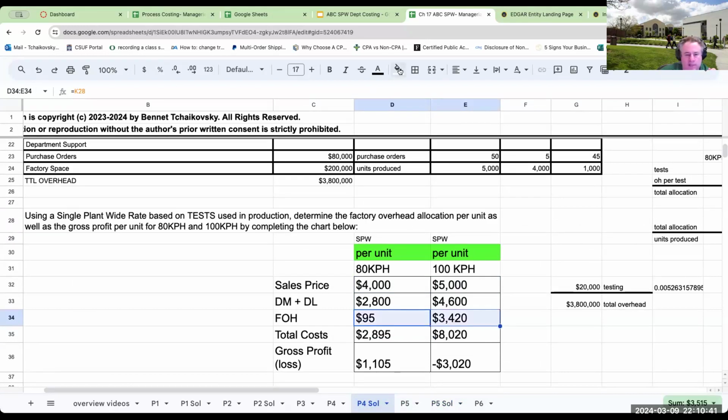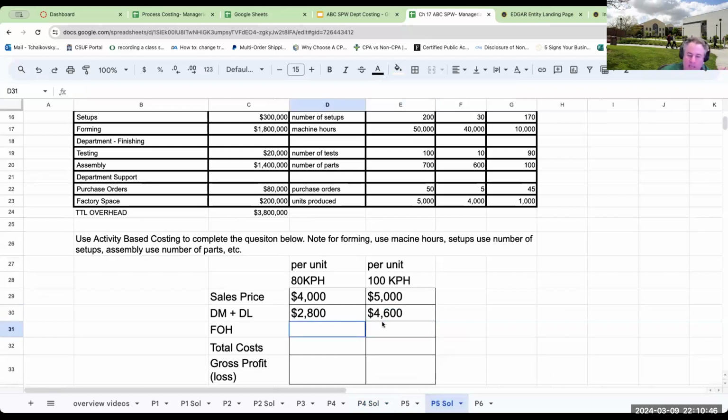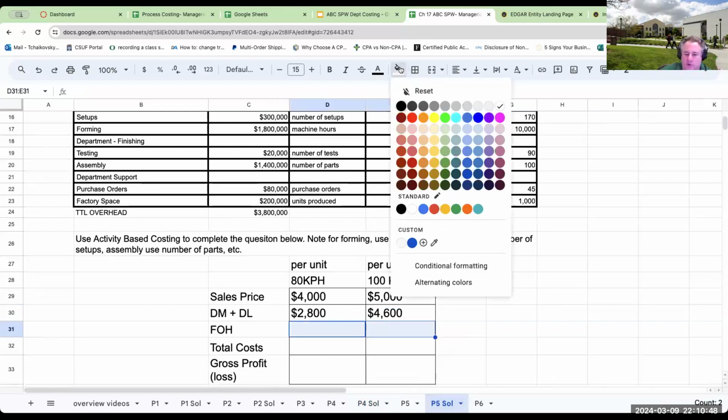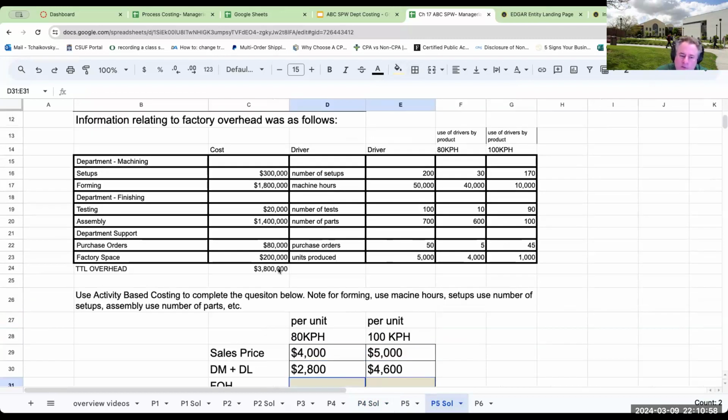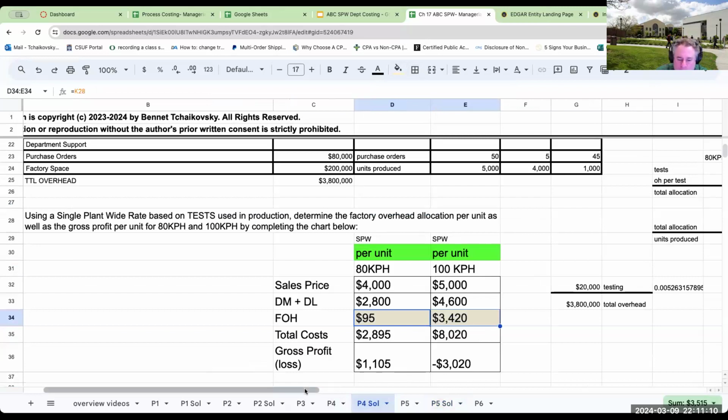The only difference has to do with the factory overhead, how we're computing it. For single plant-wide, I took the 3.8 million and divided it by the driver, which in that case was the number of tests, to come up with my rate per test.